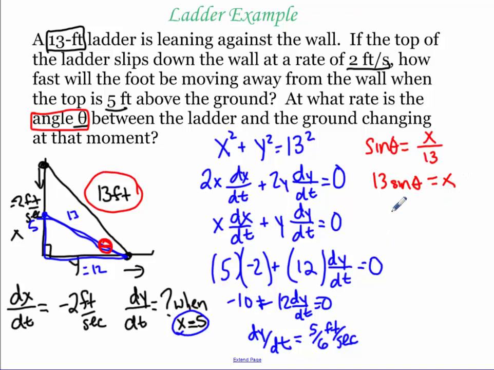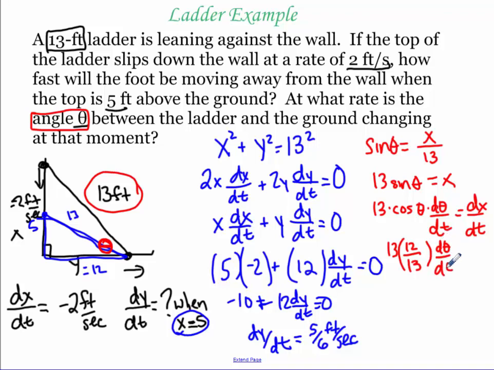Now take your derivative with respect to t. 13 times the cosine of theta times d theta/dt, which is what I'm looking for, equals dx/dt. Well, the cosine of theta at this instant comes from that blue right triangle, 12 over 13. d theta/dt is what I'm looking for. dx/dt was moving at 2 feet per second, but it was negative.